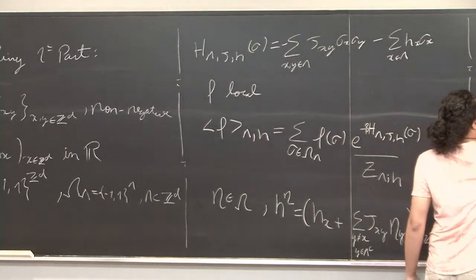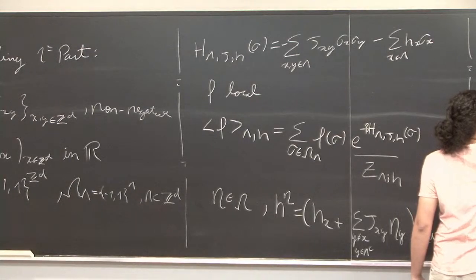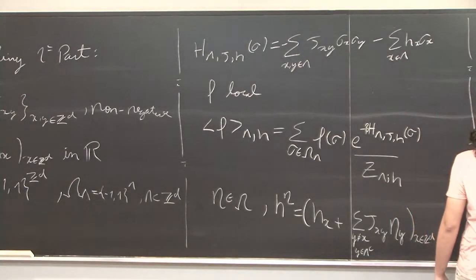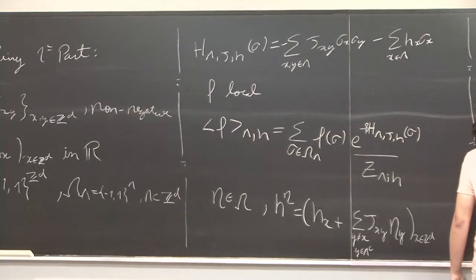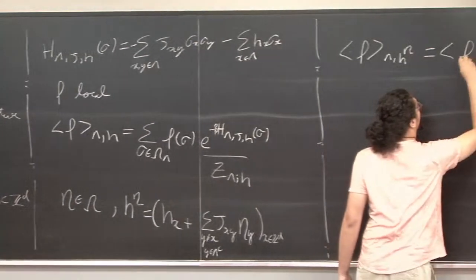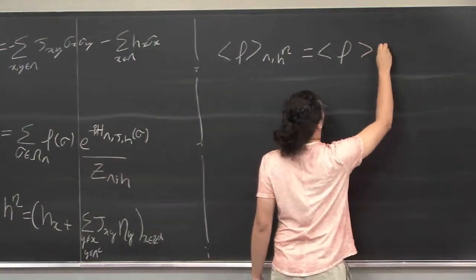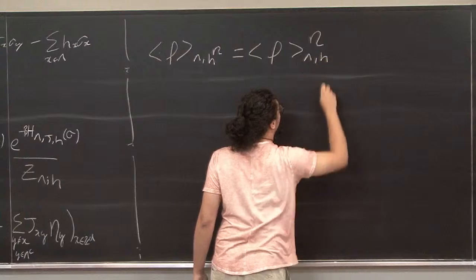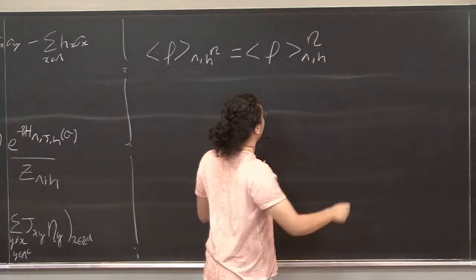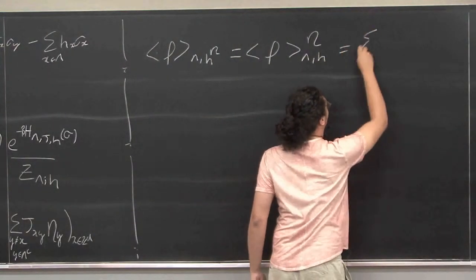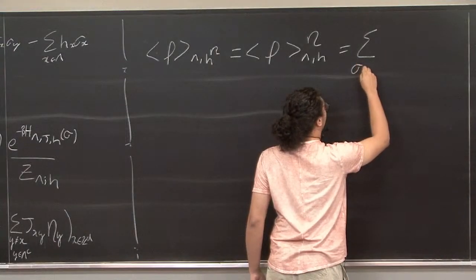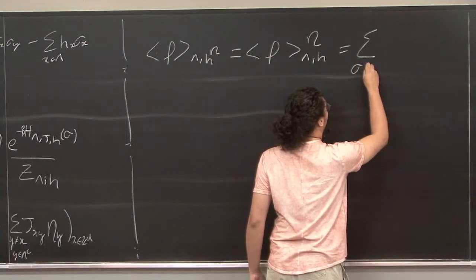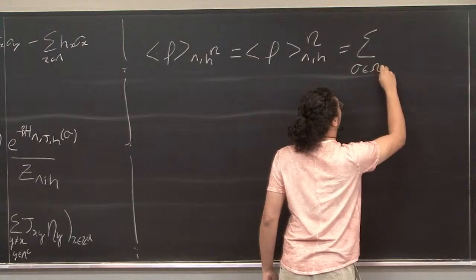So if you take a local function on Λ with this external field, then this is the state, or the measure, with eta, and hopefully this is the notation Lucas is using. If it's not, this is what you expect. It's the sum over local configurations.